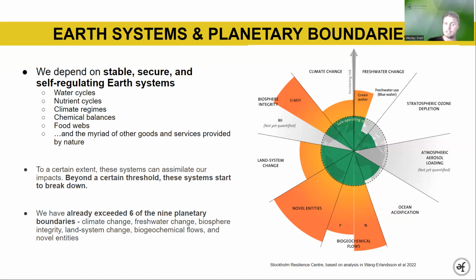We have already exceeded 6 of the 9 planetary boundaries. So climate change is a popular topic. It's an important one, but we're also talking about freshwater change and freshwater resources, biosphere integrity, land system use and change, biogeochemical flows. So this is like pollution and nutrient loading, acidification, eutrophication of our rivers, as well as novel entities.